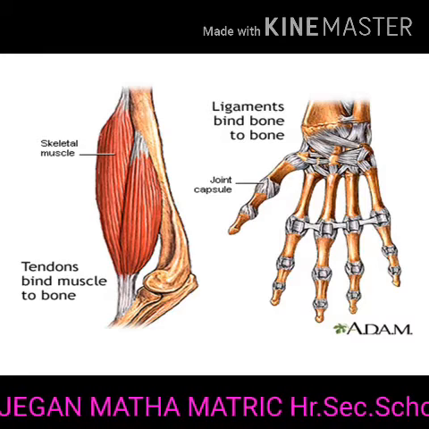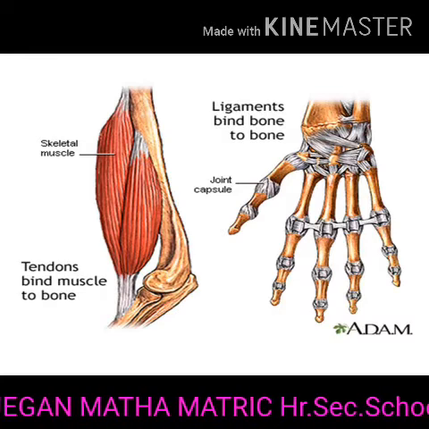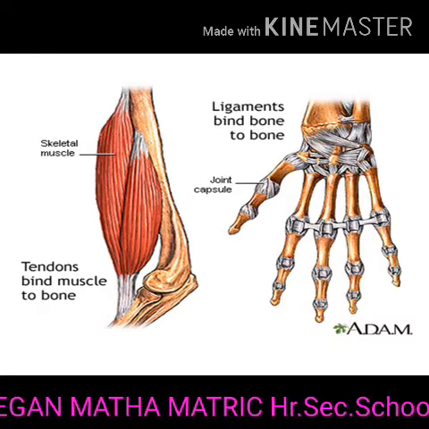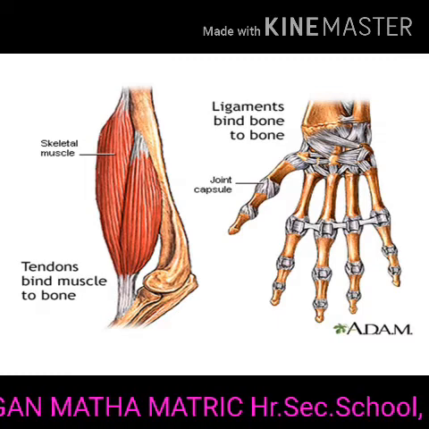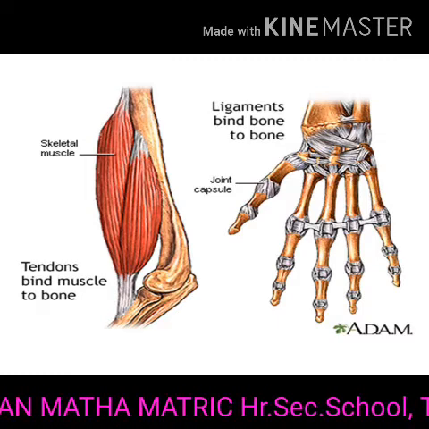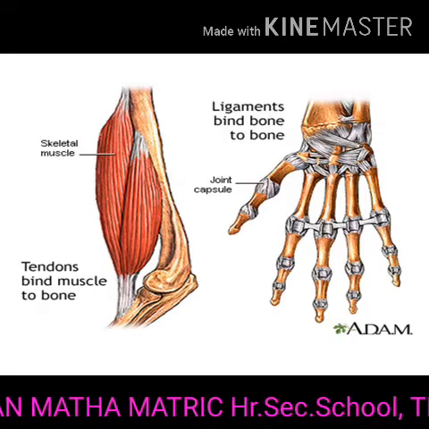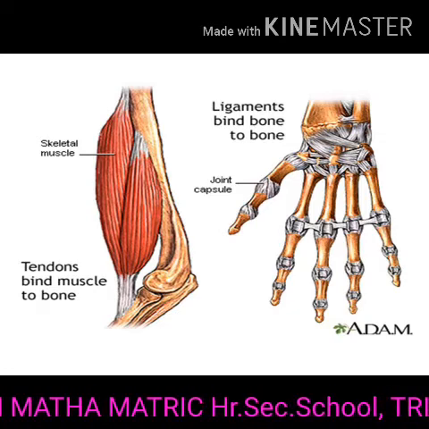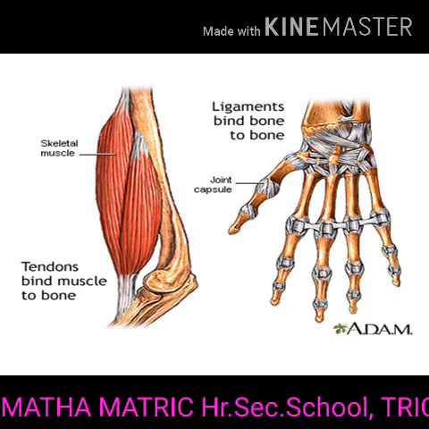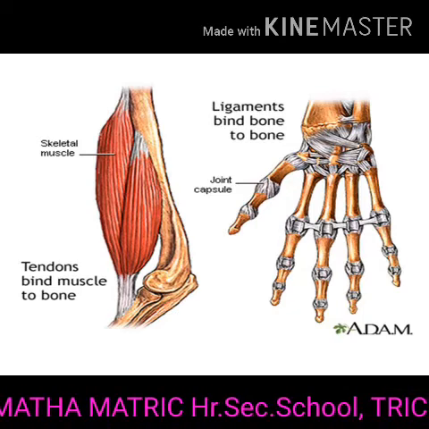Ligaments. They are highly elastic structures and have great strength, which connect bones to bones. They contain very little matrix. They strengthen the joints and allow normal movement.